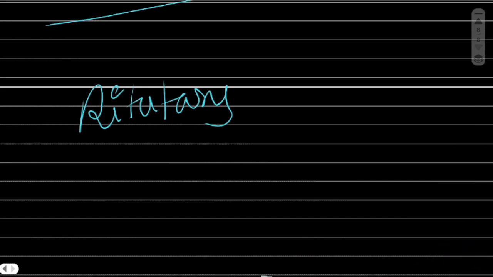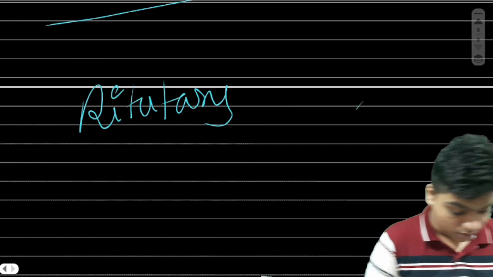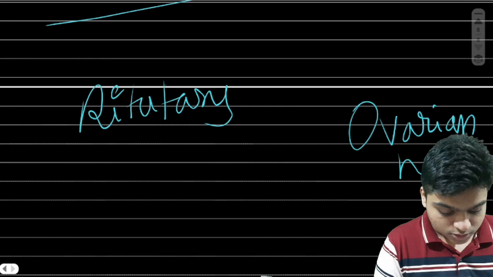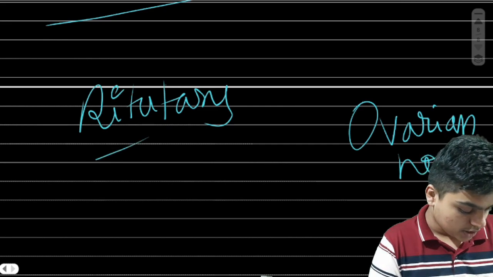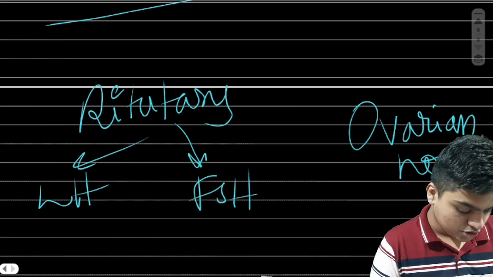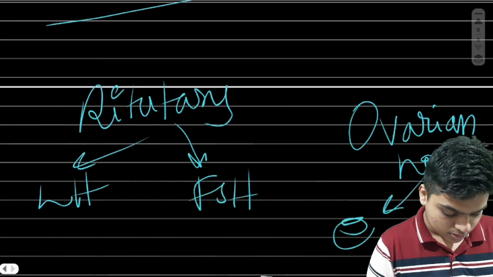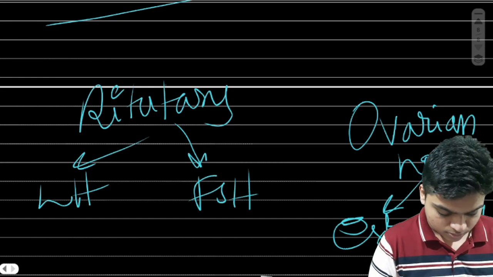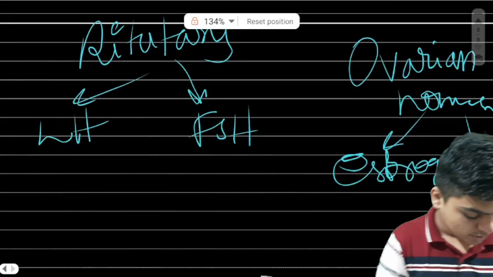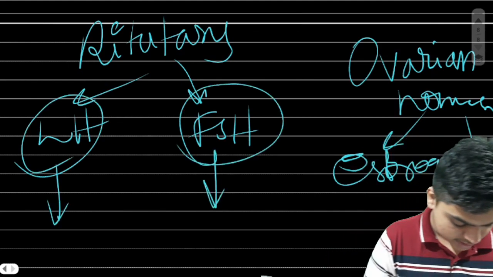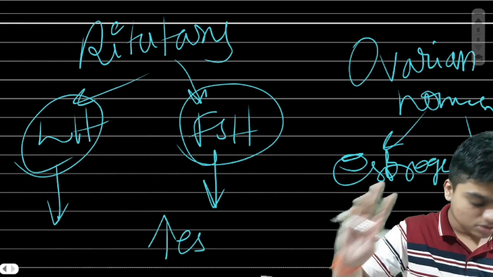Estrogen and progesterone are called ovarian hormones. Pituitary hormones are your LH and FSH. FSH starts increasing from the menstrual phase.